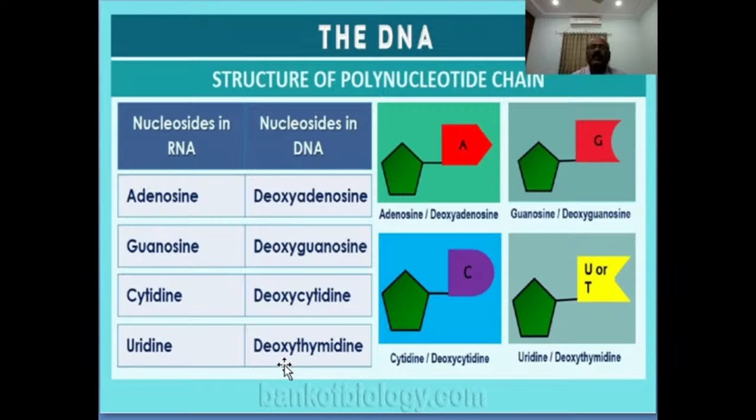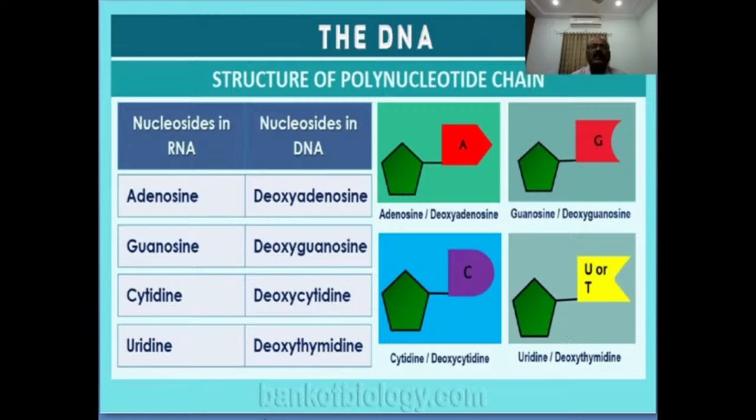Anyhow, nucleoside means nitrogen base and sugar. You see, this is sugar, this is nitrogen base, adenine. This is guanine. This is cytosine. This is uracil or thymine. That means uracil is present in RNA, thymine is present in DNA.